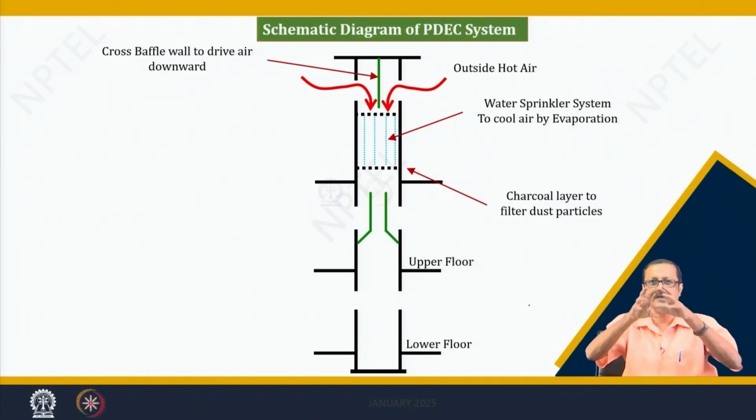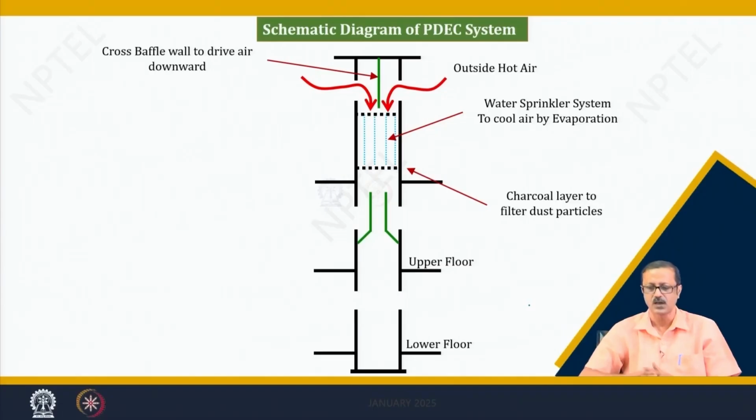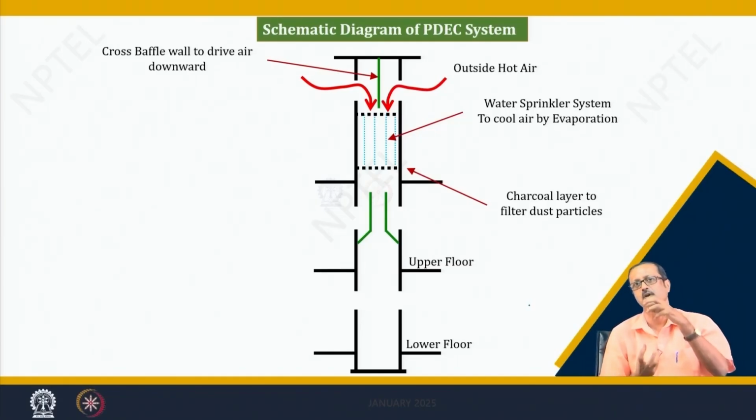There may be some kind of honeycomb surface, which is always wet from a water sprinkler, and the air passes through the holes and pores, going down, and maybe there is another fan below which again draws the air down.